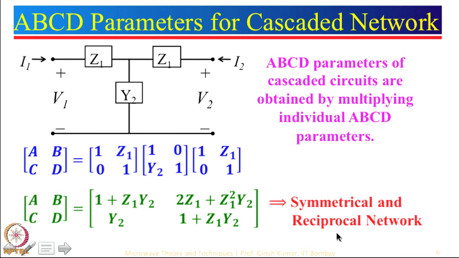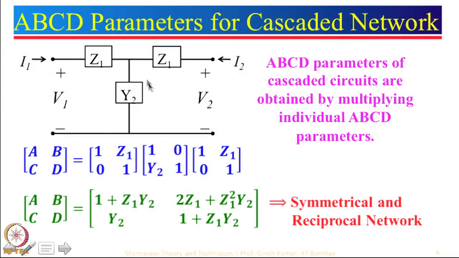So that means this is a reciprocal network, and that really means that so far we have done the correct calculations. Now we are going to take many more examples later on about ABCD parameters, especially just to mention that I did take an example of transmission line. So we will see many cases later on where this particular component may be a transmission line, or this component may be a transmission line, or there may be some lumped element.